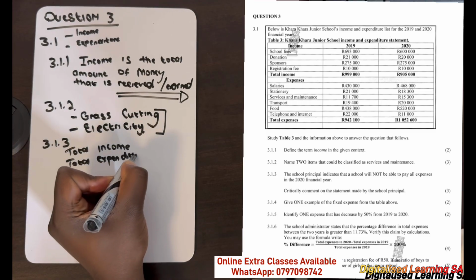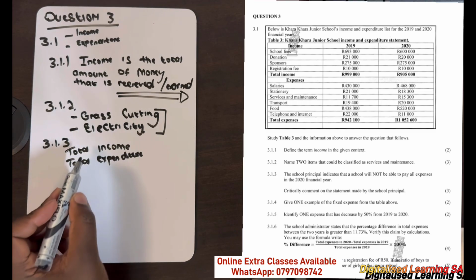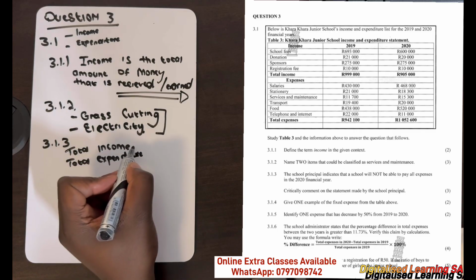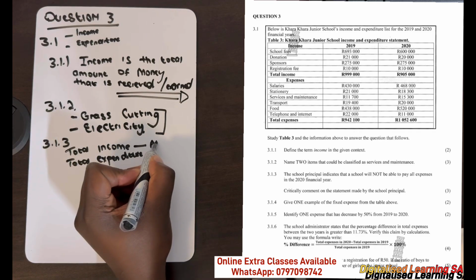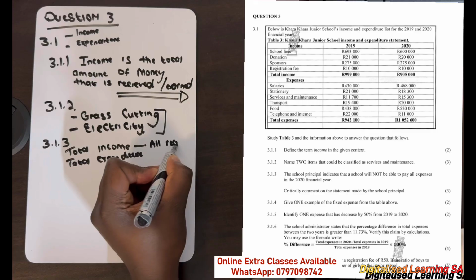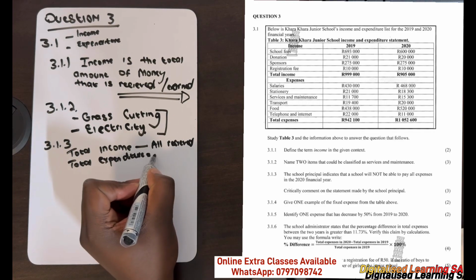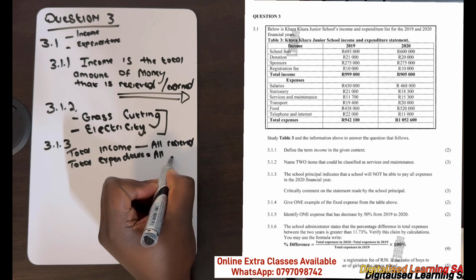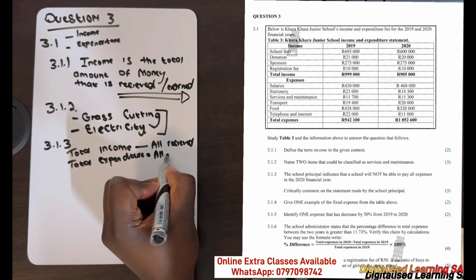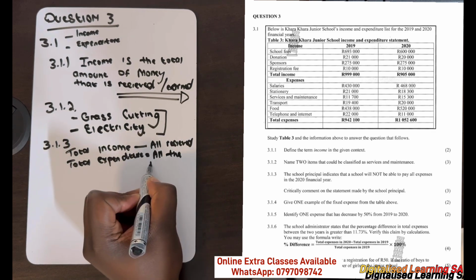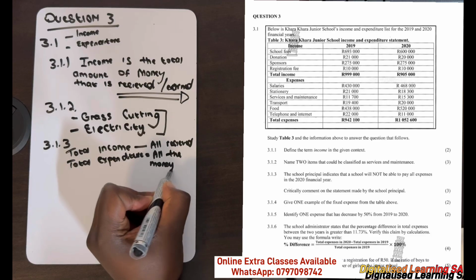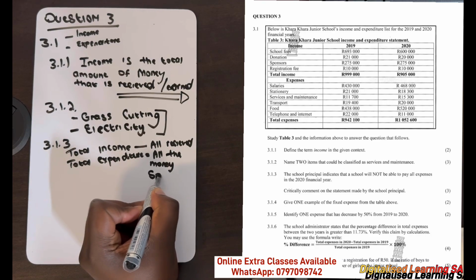So I'm going to explain these two terms again. So we need to check the total income. So this is all the money received. And then total expenditure is all the money spent.